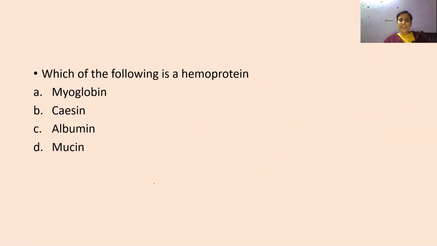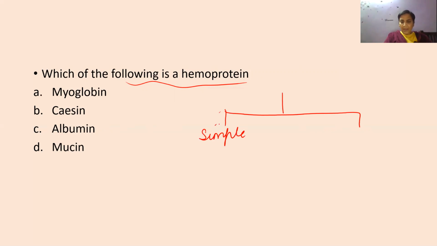Then another question is, which of the following is a hemoprotein? Now, this is a classification of proteins. If we have to classify proteins, they are simple, conjugate, and derived. Simple means they are the simple proteins. They can only be hydrolyzed further. Conjugate means they have one protein part, along with which some other non-protein part is associated.